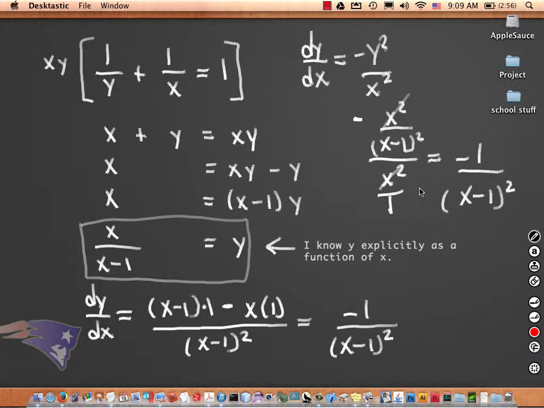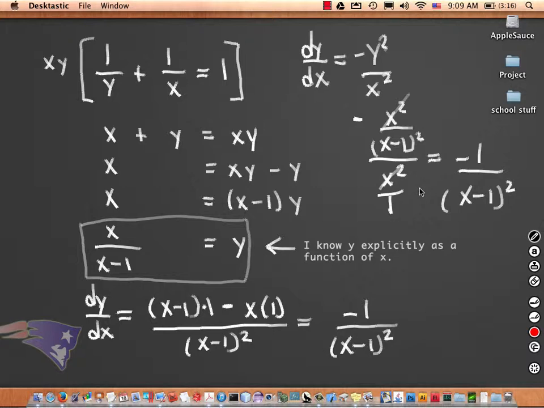So again, is implicit differentiation a new differentiation? No, it's not new. It's not new, McKenna, because I got the same thing when I differentiated implicitly that I did when I differentiated explicitly.